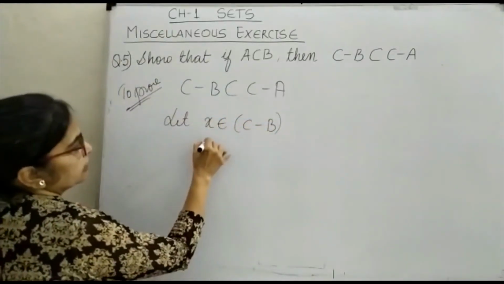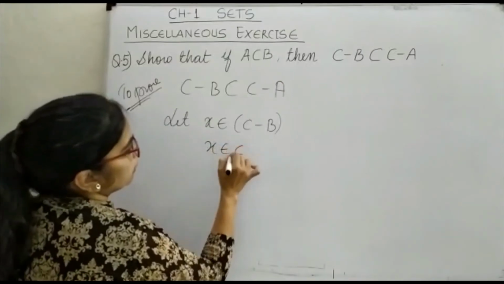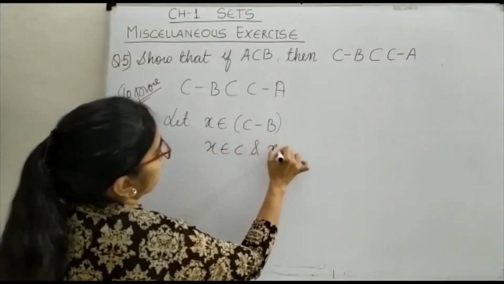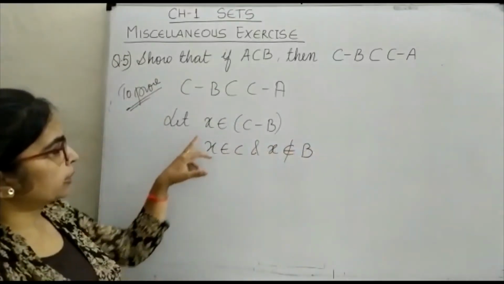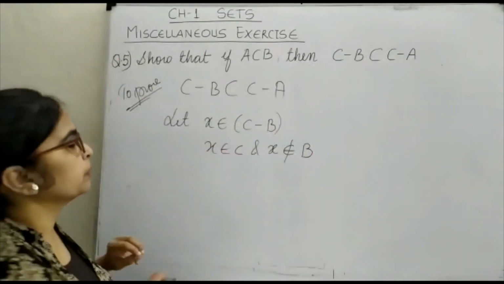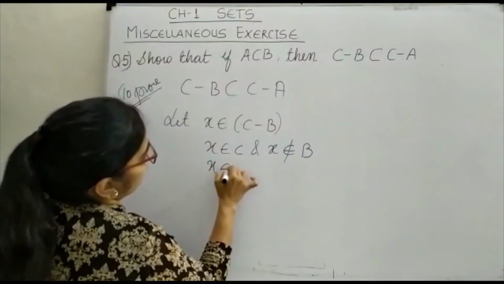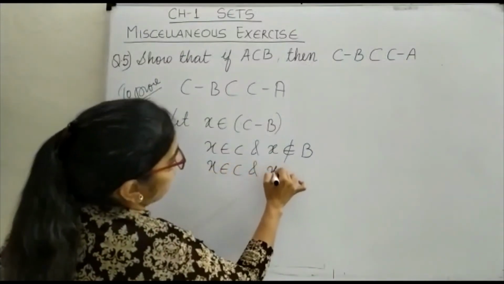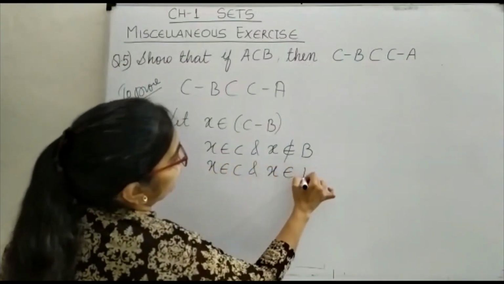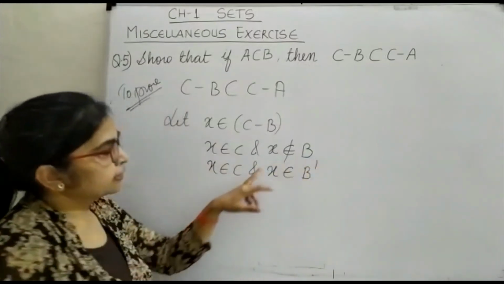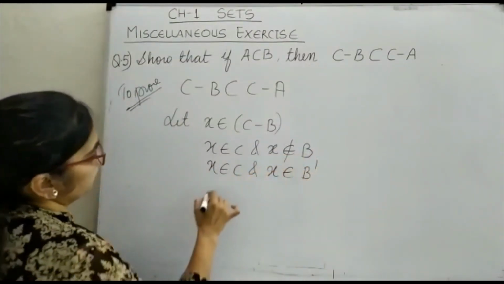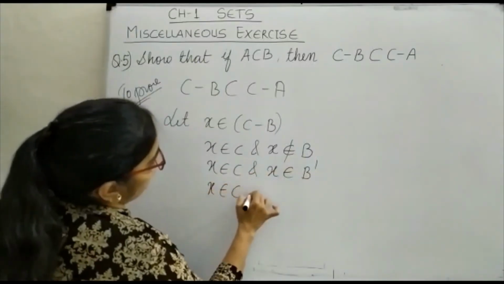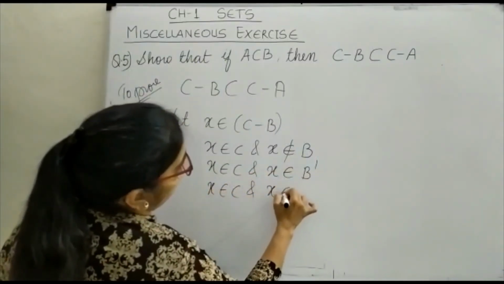Then x belongs to C and x does not belong to B, by the definition of A minus B. Then x belongs to C and x belongs to B complement. If it does not belong to B, that means it belongs to B complement.